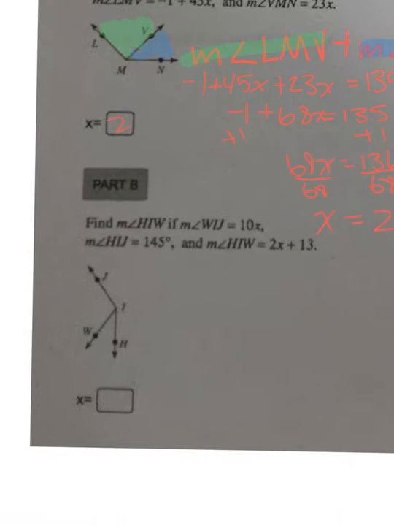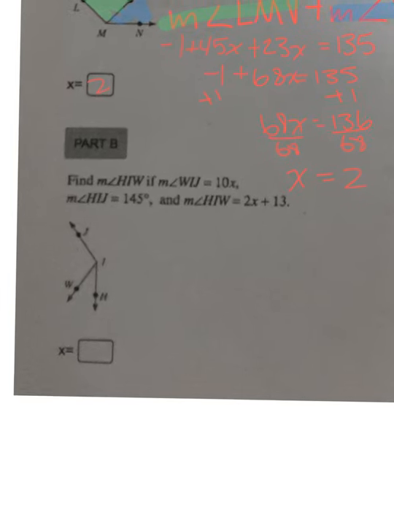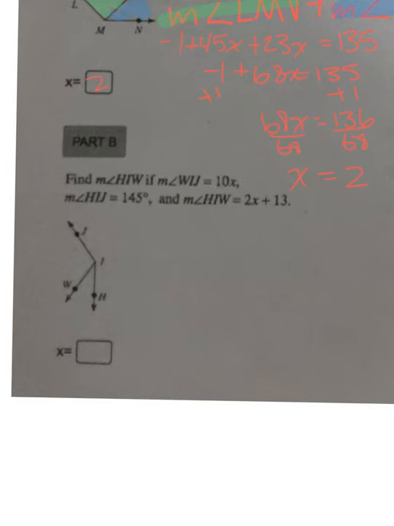All right. Part B is basically the same thing, except after you find x, you have to go back and plug it in. What time is it? I guess I'll go through it. We have time. All right, so the first thing I'm going to do again is write my angle addition postulate out.